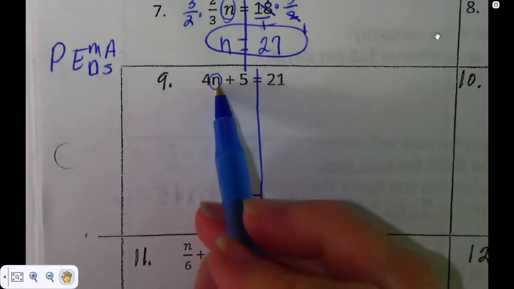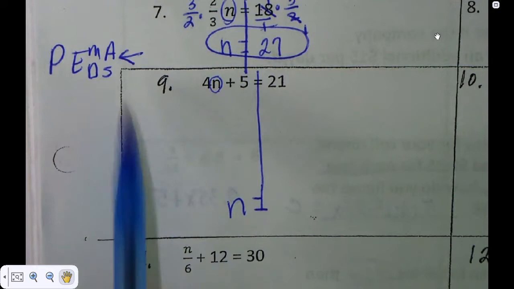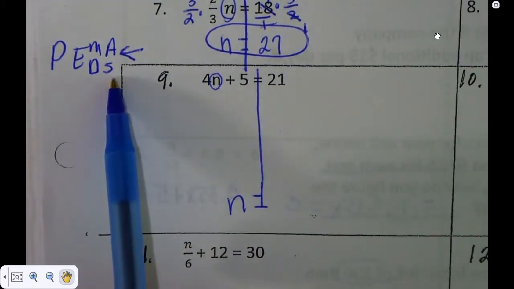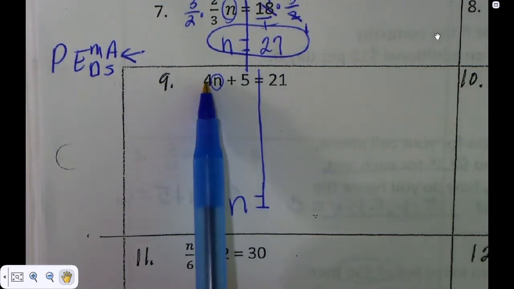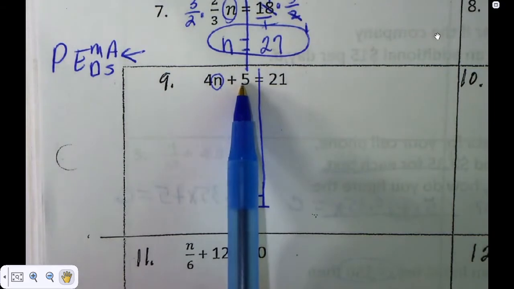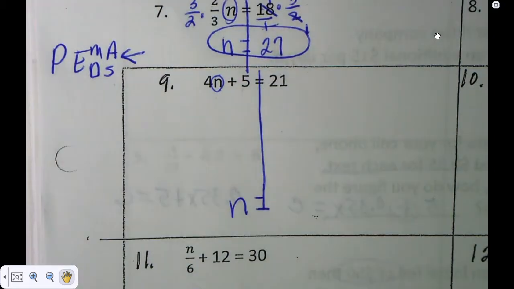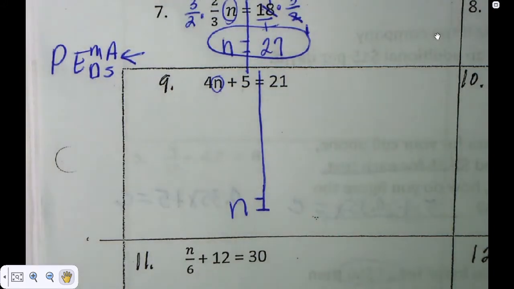Since we're solving for n, we're going to start at the back. We're going to start with addition, subtraction, and go this way. So we've got to get rid of the 4 that's multiplied on, the 5 that's added on. It's like a balance scale, in sides. You have to keep it equal by doing the same thing to both sides.